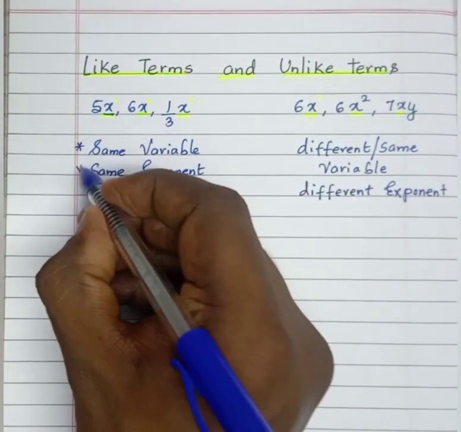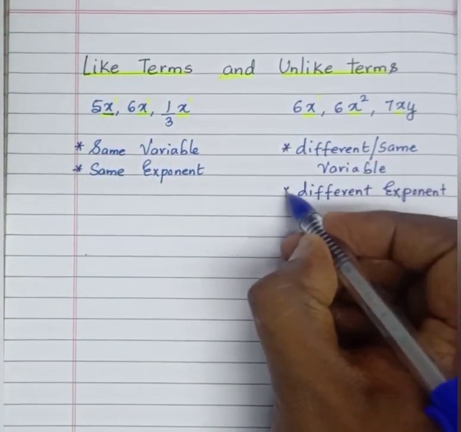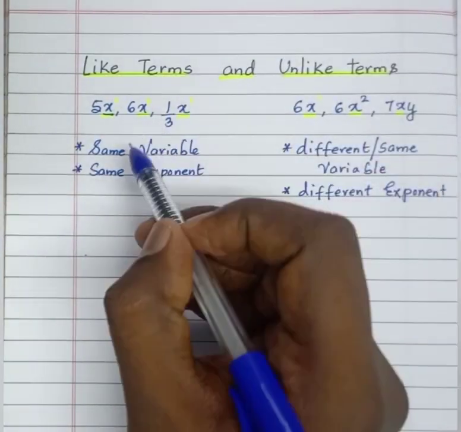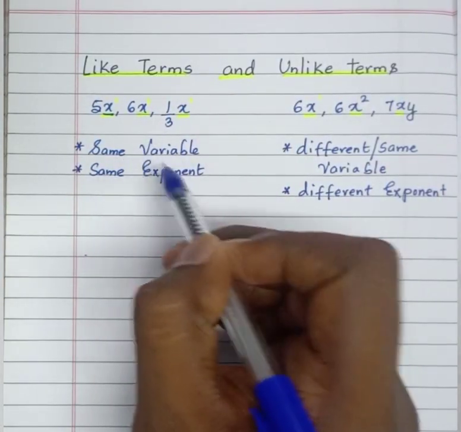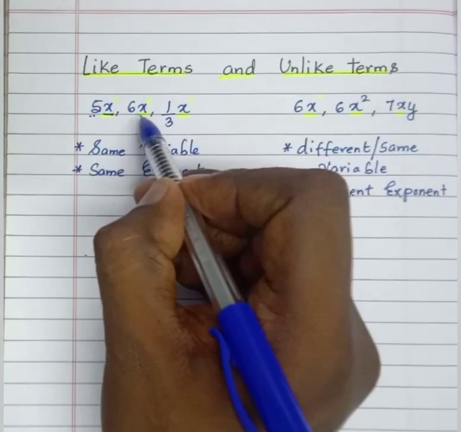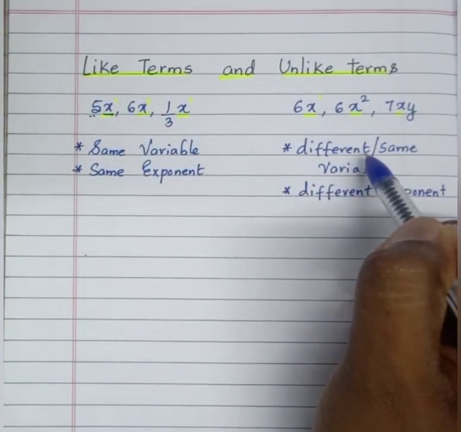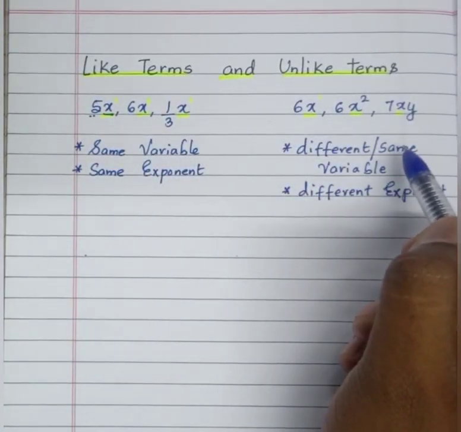The opposite of like terms is unlike terms. Same variable, same exponent, we call like terms. Different variable with different exponent, or same variable with different exponent, we call unlike terms.